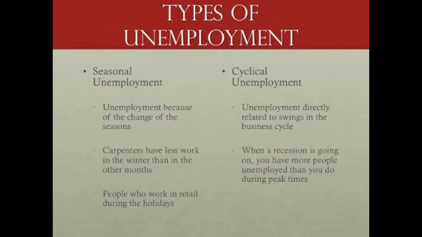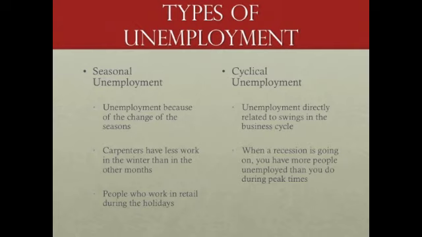If you work at Lake Winnie, which is only open during the summer and spring and early fall months, come wintertime, a lot of you found out you got laid off or released from your job because they weren't open anymore. Okay, you became unemployed. You are seasonally unemployed. You're just seasonal work. Take also retail work like at the mall or Walmart. They hire a lot of people around Christmas.